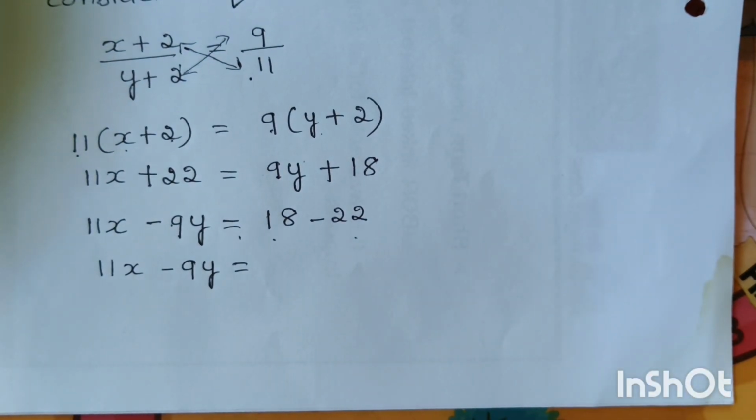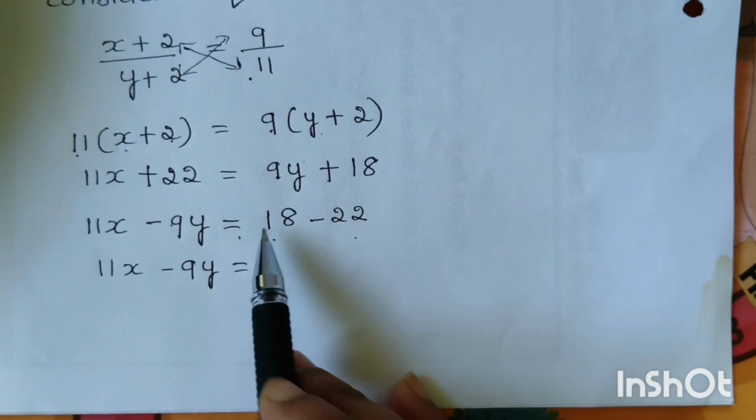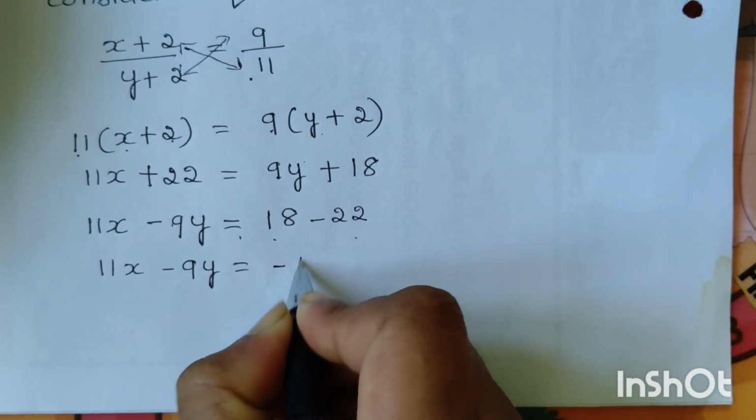We have to subtract, right? That is plus 18 minus 22 is minus 4.